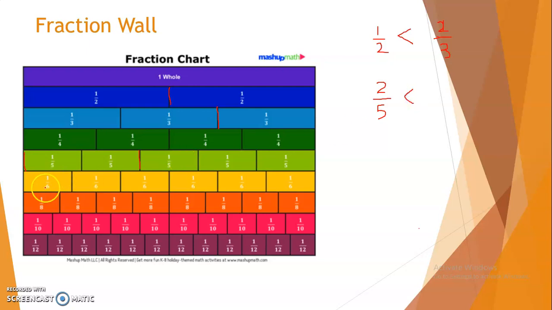Identify a fraction from here that is bigger than 2/5. This is 2/5. You can see this fraction is greater than 2/5. Which fraction does this represent? 1, 2, 3. 3/6. So you can see 2/5 is less than 3/6.